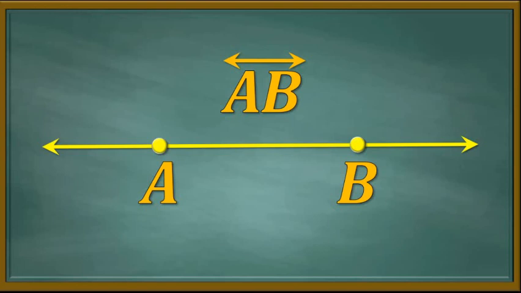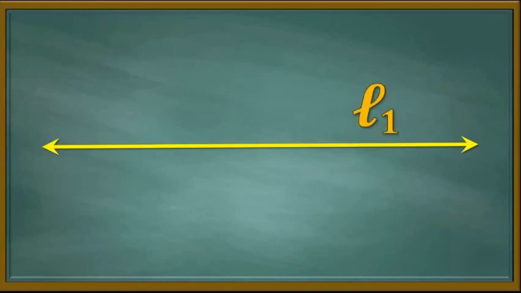This means we may also call this line BA. Another acceptable way of naming this line is L sub 1, which is read as line 1, or even a small letter like M. So I can call this line M. Now note how a line has no length, so it cannot be measured.